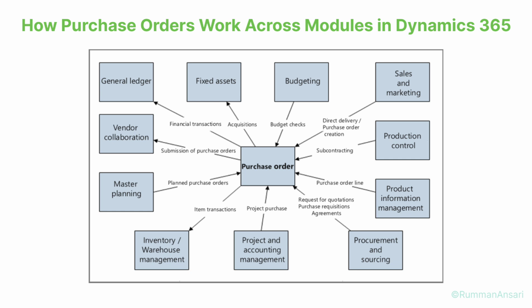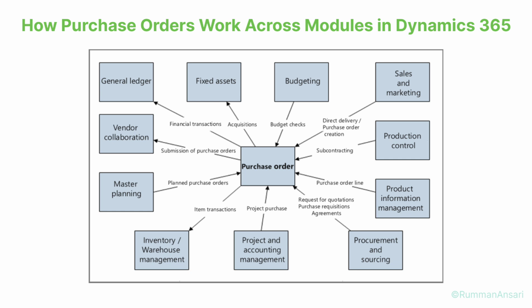Now let's go to the next module, that is inventory and warehouse management. Here, when goods arrive in the inventory and warehouse management module, they are recorded as item transactions.